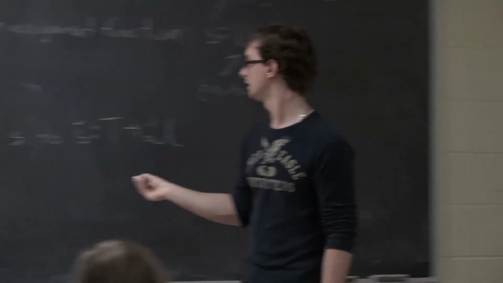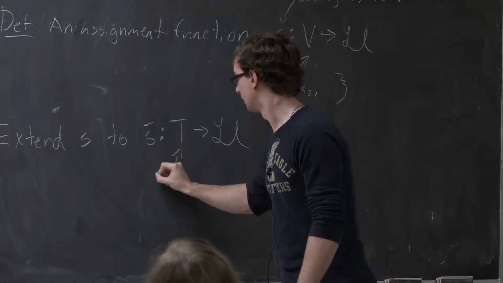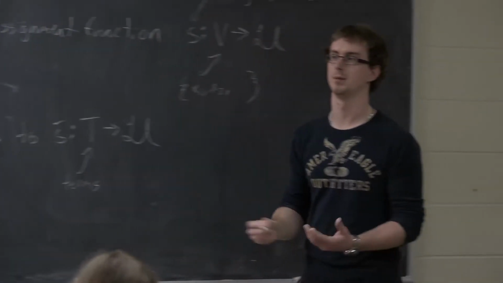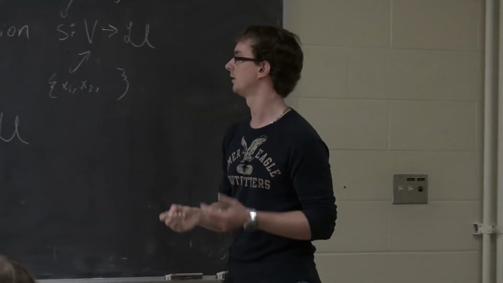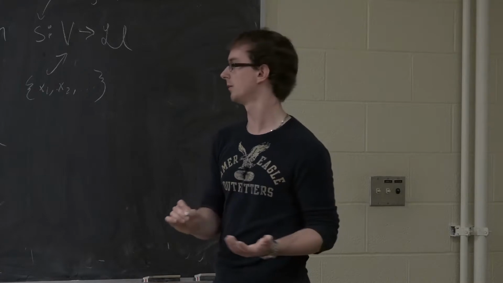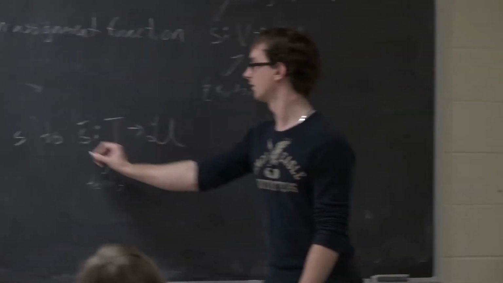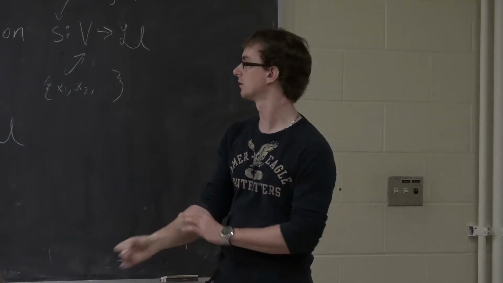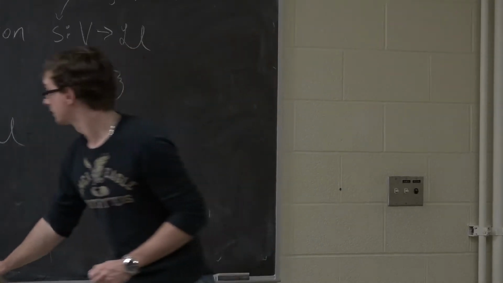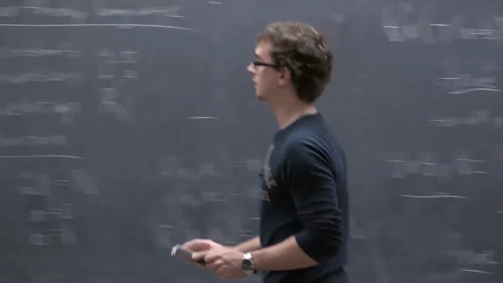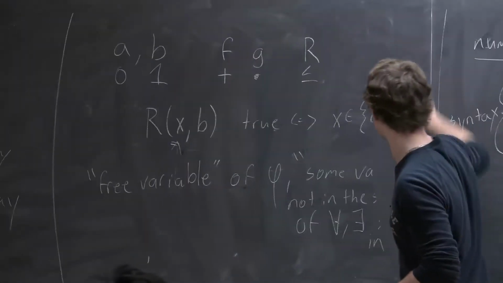Because recall the definition of terms: they are the things that we can inductively build up from our constants, our variables, and our functions. Our functions are mapping things in our domain to other things in our domain. So the thing that we're going to get out of our S is still going to be something in our universe. To do this extension, we have to do it inductively because our terms were defined inductively.